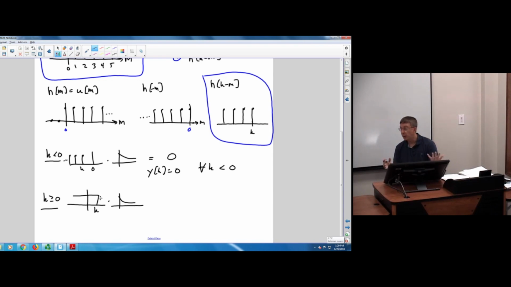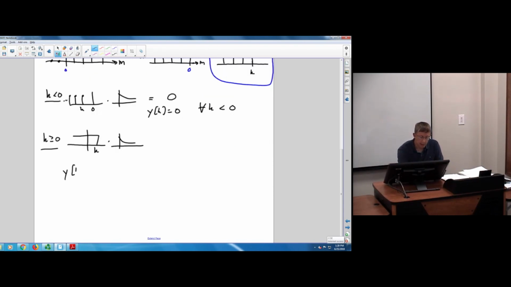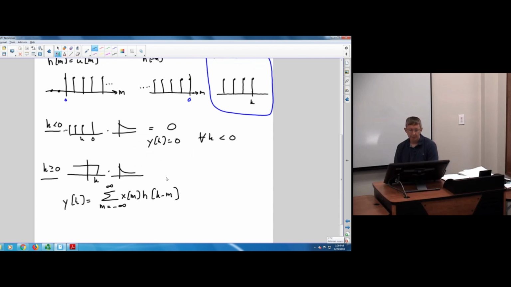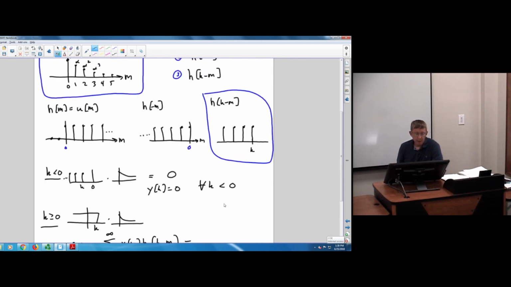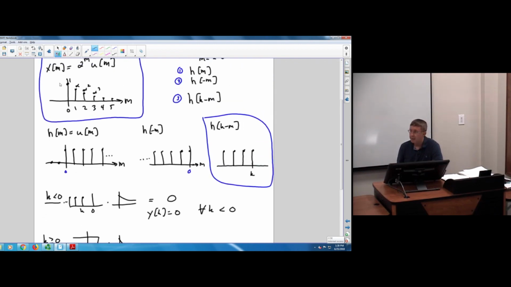So there's something to do here now. So let's do that. So y of k, I'll just write out the definition to start. The sum over m equals minus infinity to infinity of x of m h of k minus m. An infinite number of things to add up. But we can start slowly making simplifications. One of them has to do with x of m.